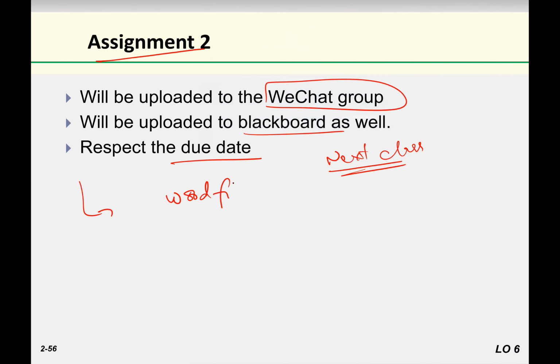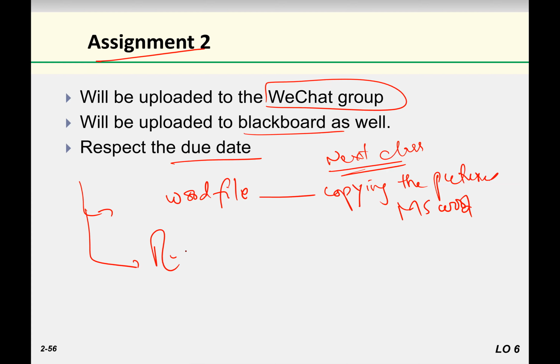Please, you have to make a Word file. And how can you create a Word file? By copying the pictures of your assignments and pasting them into MS Word. And also you need to rename your Word file.